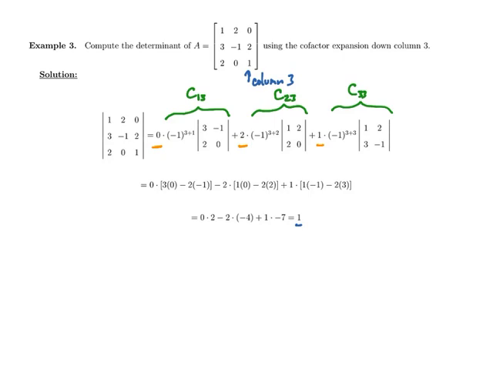To find the corresponding power of (-1), we're going to take those subscripts and add them together. So for C13, I'm going to take 1 plus 3, or 3 plus 1. That gives me a positive 1 there. (-1) to the 4th power is positive 1. 3 plus 2, because I have C23, is going to give me a negative 1.